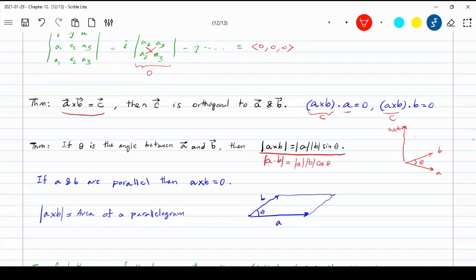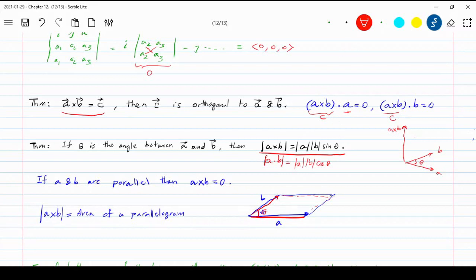So let's assume you have vector A and vector B. If you draw parallel to A, you would have this line, and if you draw parallel to B, you would have this line. So what you create is a parallelogram, and let's say the angle between these two is theta.